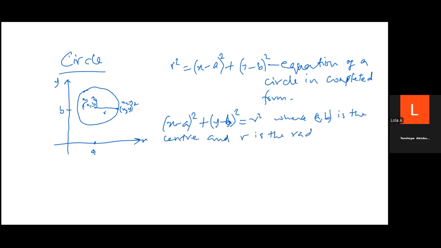So if you are asked to find the center of the circle, that means you are looking for a and b. If you are asked to find a and b, that means you are looking for the center of the circle, as the case may be. Is that clear? Yes, sir. Okay.